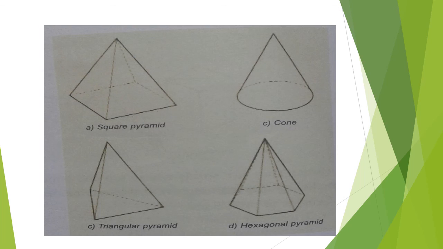So the top is the what? Apex. Then the base looks like a square. So you realize that we normally name these pyramids and prisms according to the shape they take. Now let's take a cone. Look at a cone as well, and then look at the triangular pyramid and the hexagonal pyramid.